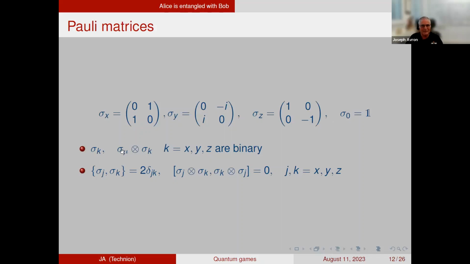And the tensor product of 2 Pauli matrices is a 4x4 matrix. Now, it's a property of Pauli matrices that for every 2 Pauli matrices, if none of them is the identity, the anti-commutator is proportional to twice delta JK. They form a Clifford algebra.